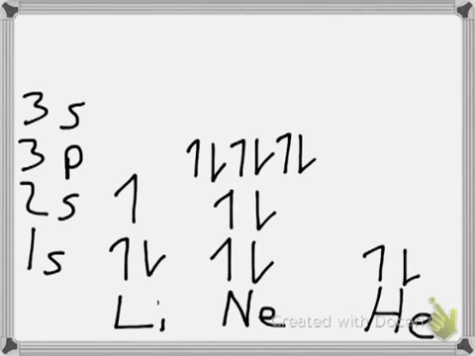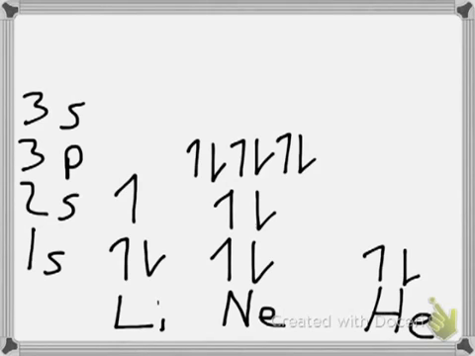Here we have 3 elements on the bottom. So let's look at the electron configuration for lithium. So lithium has 3 electrons. So on the left side here you have the 1s, 2s, 3p, and 3s orbitals. So it has 3 electrons, meaning that it has 1 electron in its 2s orbital.